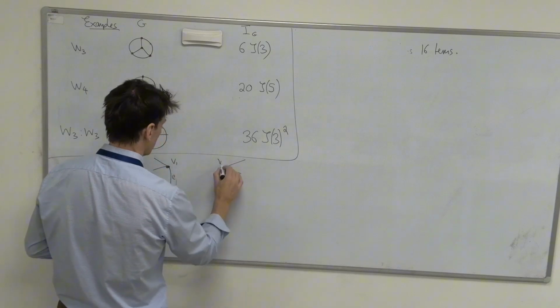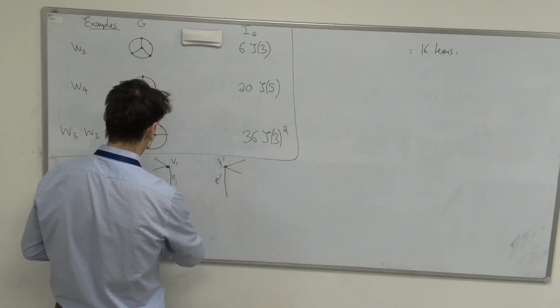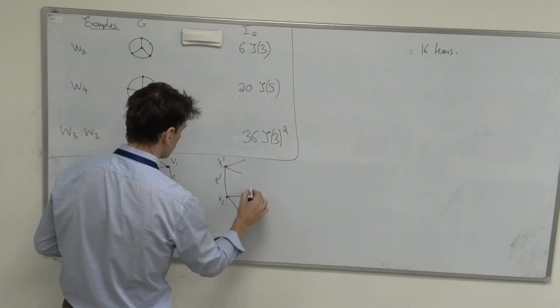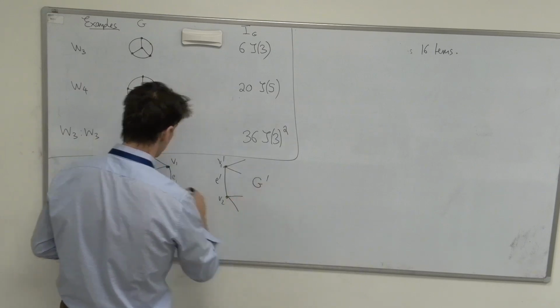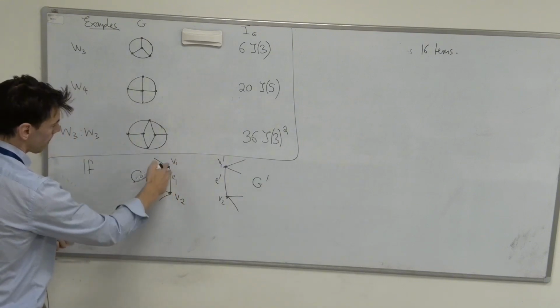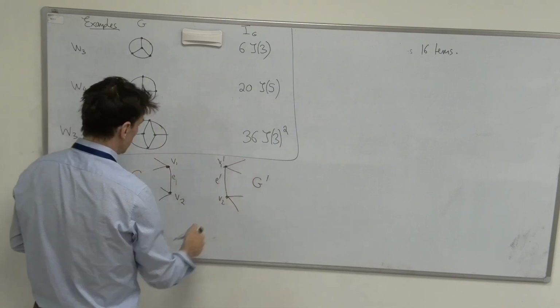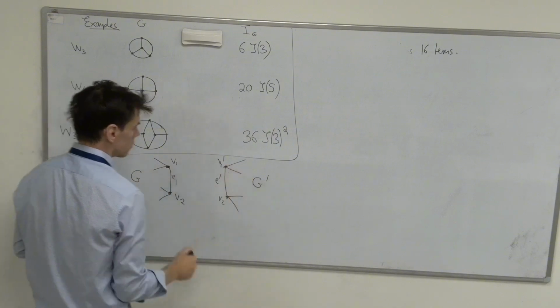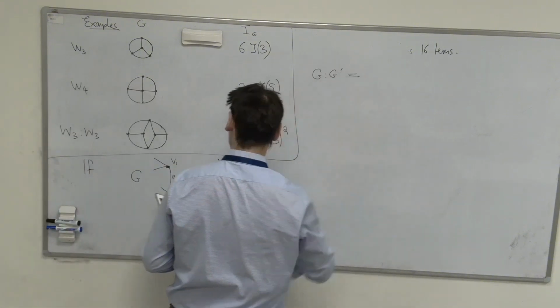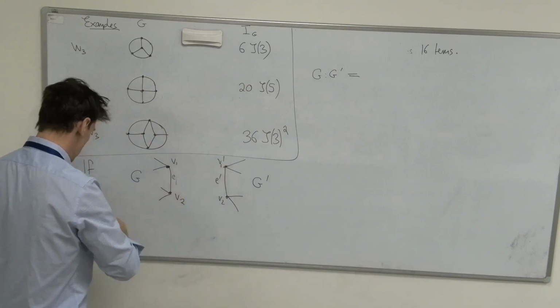Let's call this G and G prime. So you have an edge connecting two vertices of degree 3 and other stuff, and this graph is called G and this graph is called G prime, then you can form the two vertex join, which is where you identify these two vertices.